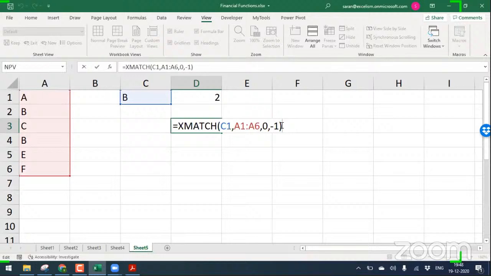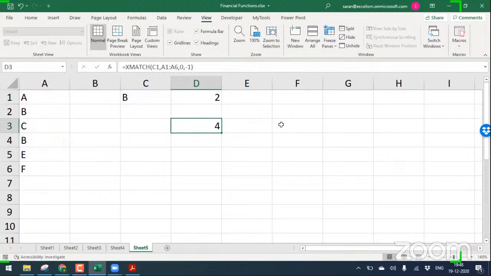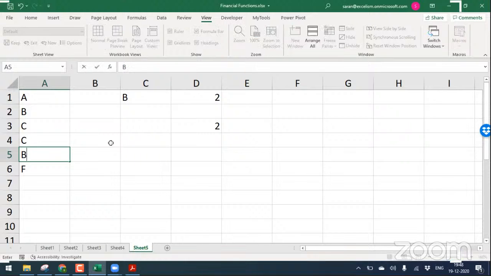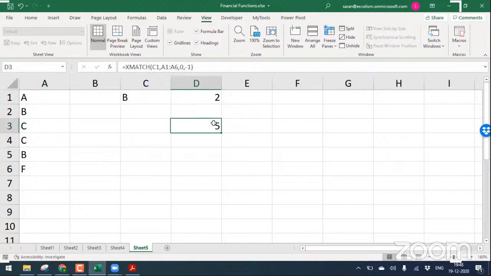Oh, okay, I got it. The position is always given from the top only. Now let's say C here, and B here. But XMATCH only works in the case of repeating two times.